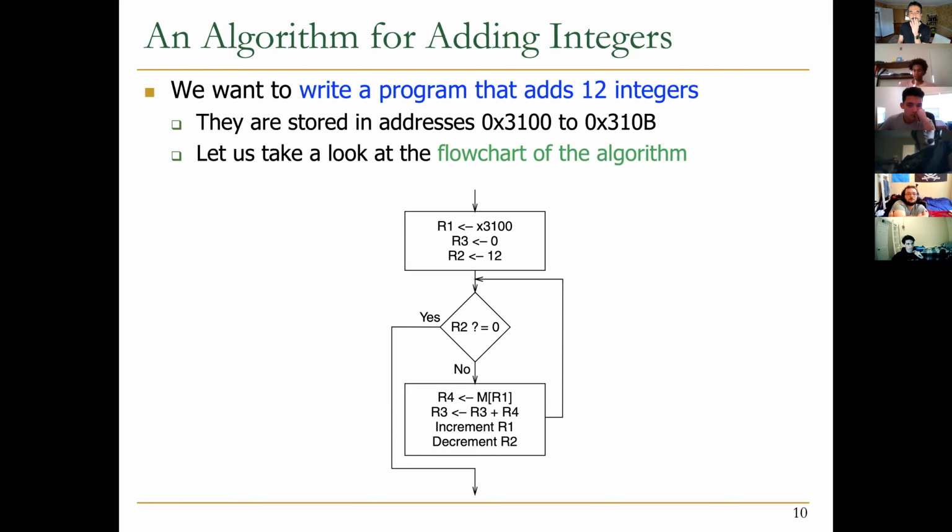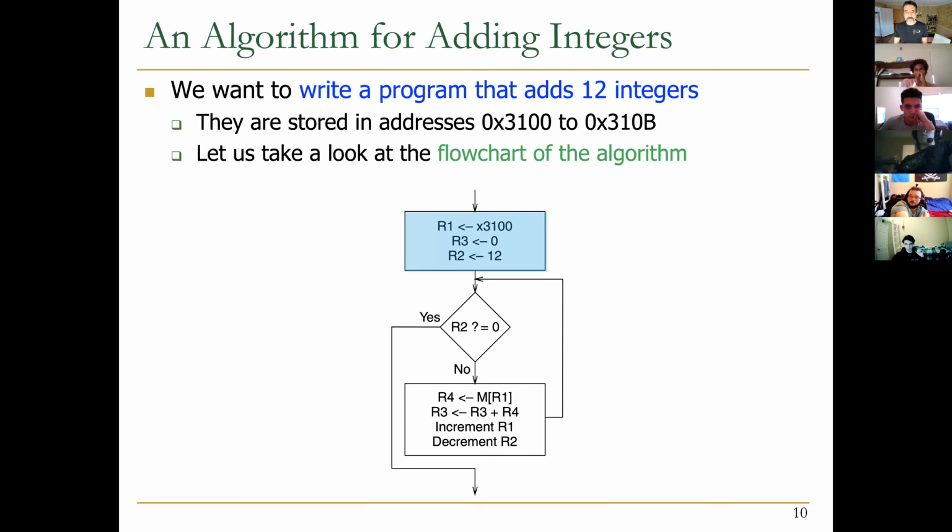This is a high-level flowchart of the algorithm. You start by initializing some of the variables, and you know that the variables that we can use in assembly code are these registers. So use, for example, R1, and in LC3, you remember, you have 8 registers.